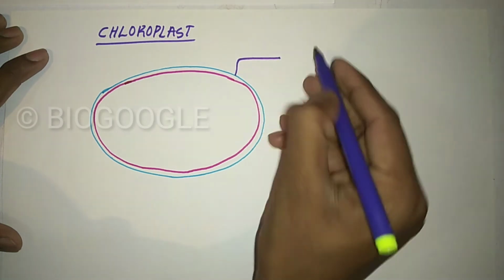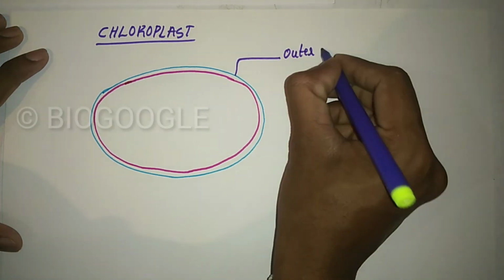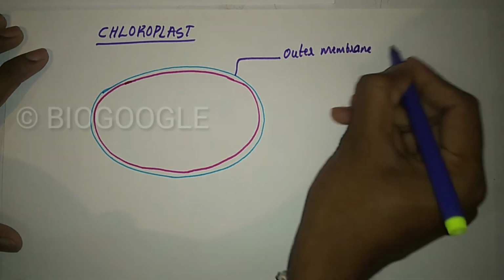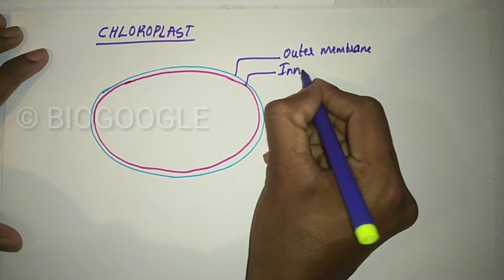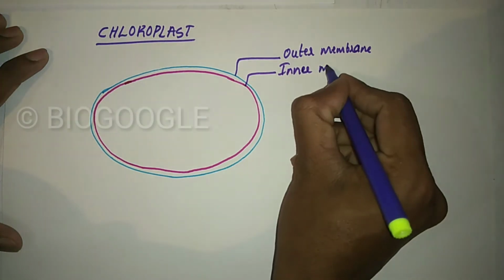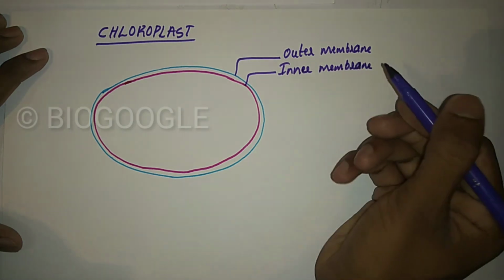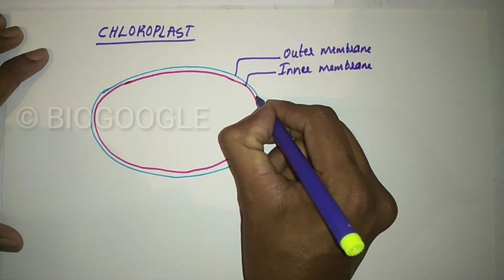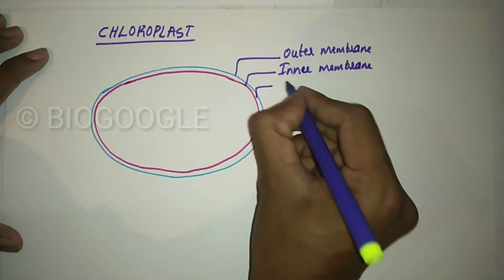So the outer membrane, the next layer is the inner membrane, and the space present between the two membranes is called the periplastidal space or intermembranous space.